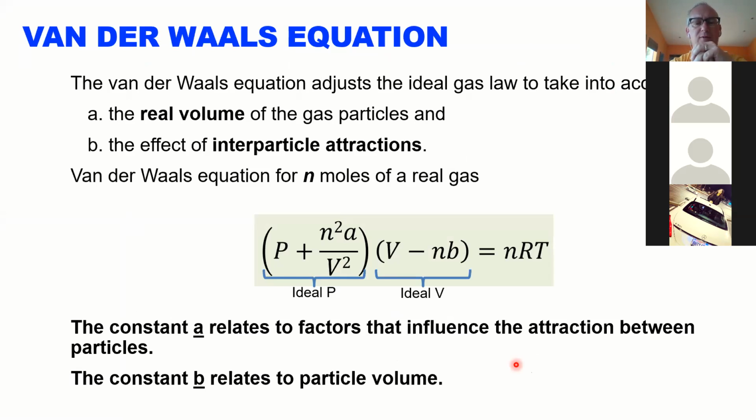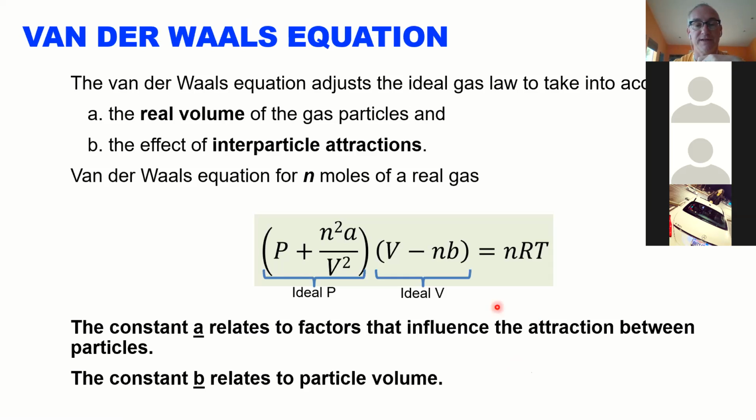And he was able to show what the real volume of a gas particle is, how that affects the ideal gas laws, and what the effect of attractions between these particles is. Do they attract each other? Do they repel each other?